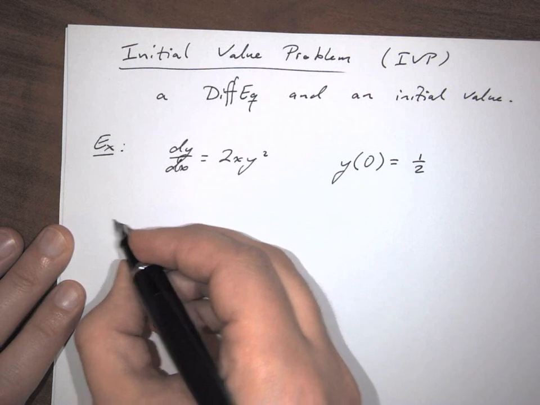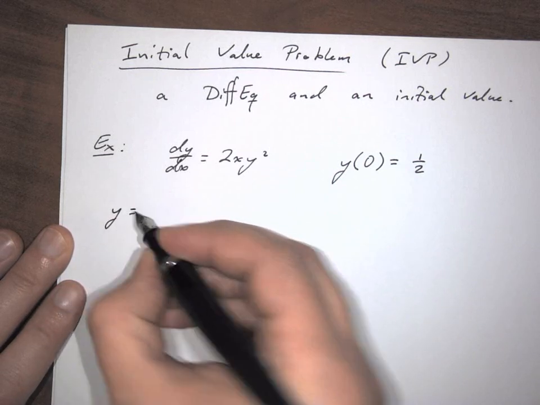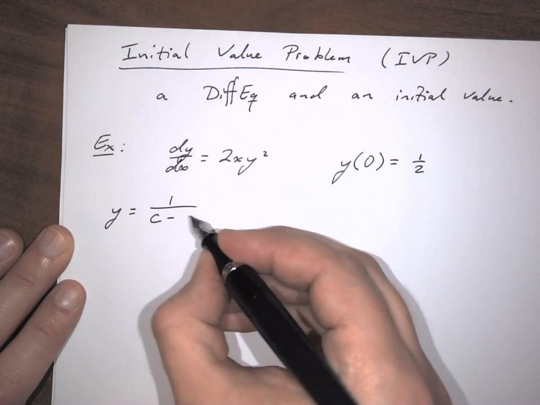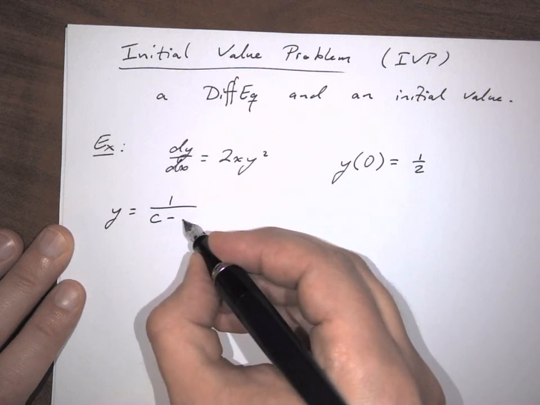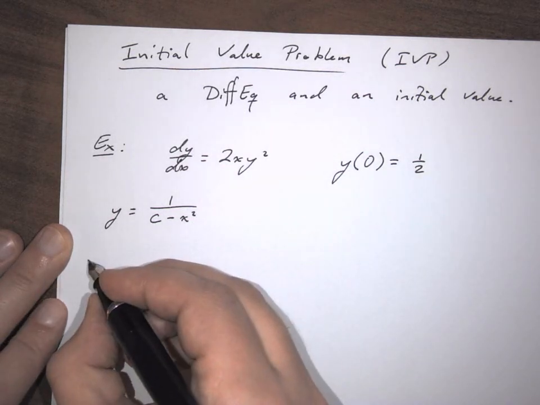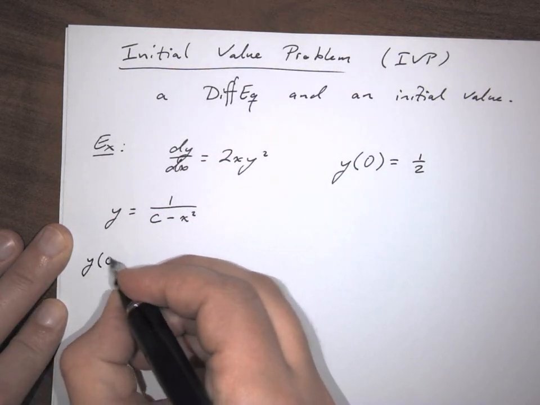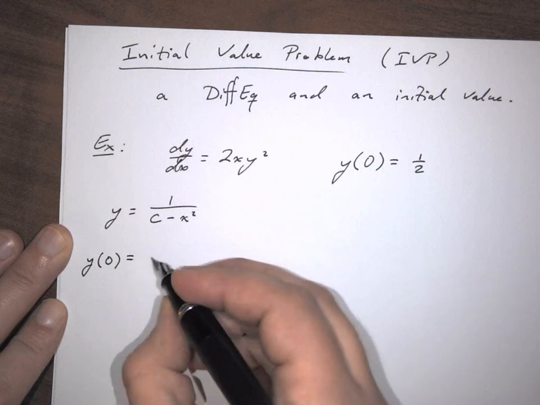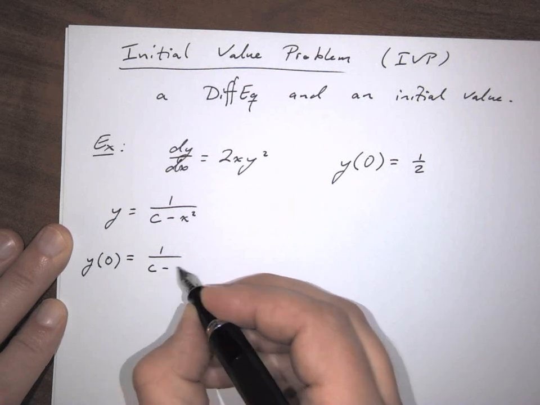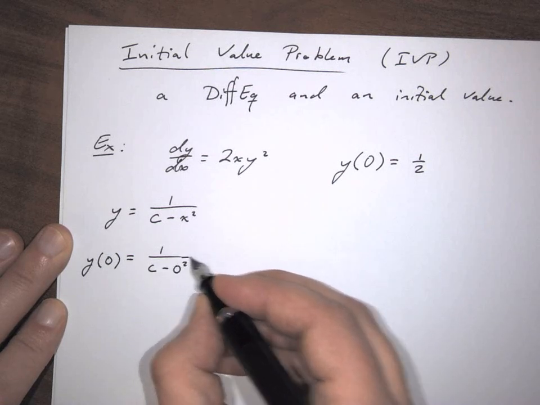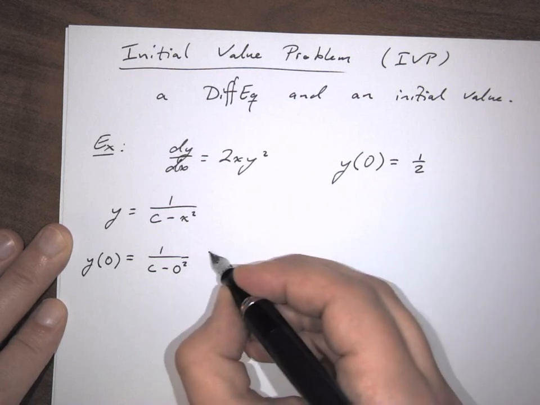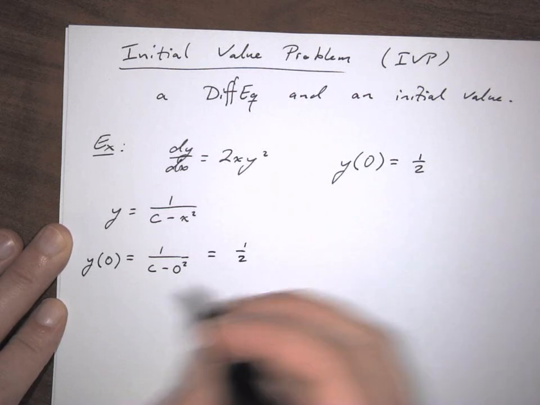So here we go. We already know from our previous work that the family of solutions in question here is 1 over c minus x squared, and then we are going to be plugging in 0 for x, and that's going to equal 1/2.